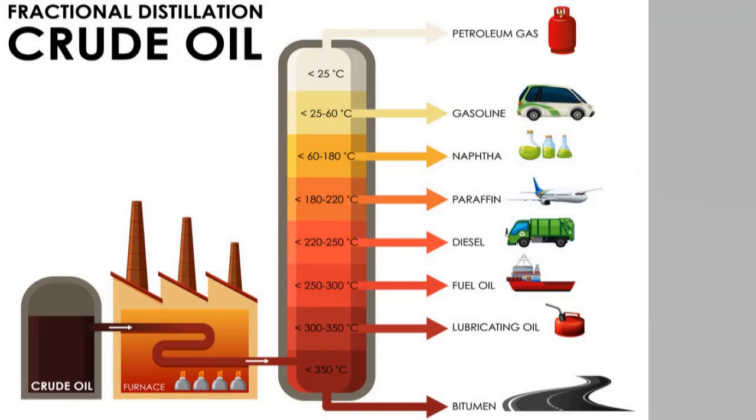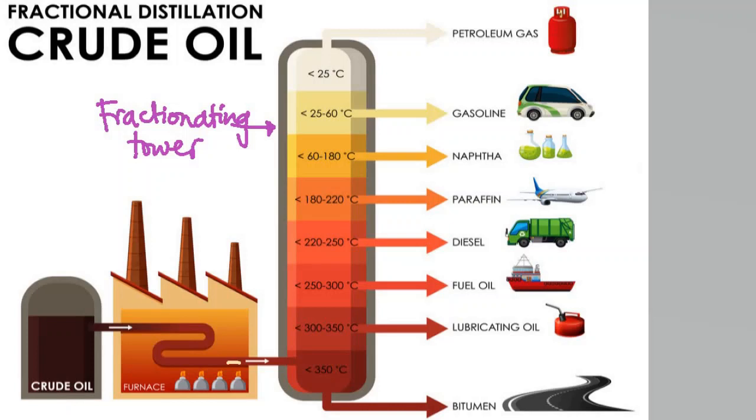The process of fractional distillation can be seen in this beautiful demonstration, in which we can see a tall fractionating tower, and this fractionating tower is the place where the crude oil is introduced from the bottom.